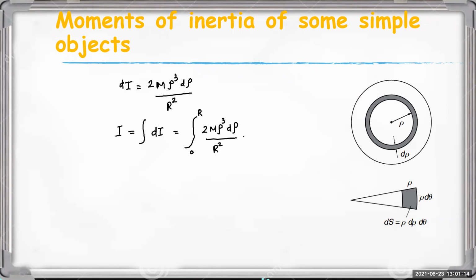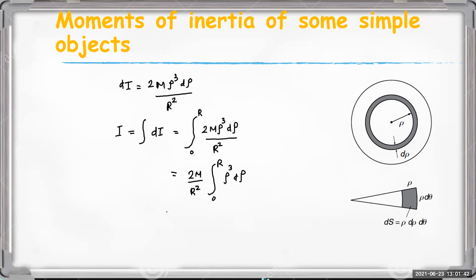Then it is equal to, we can take what quantities? 2m divided by R square is taken outside, that into integral 0 to R of rho cube d rho.